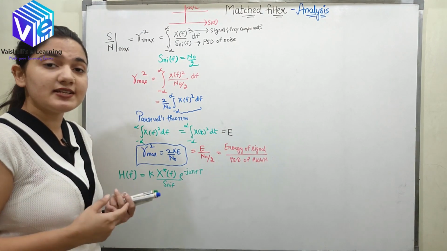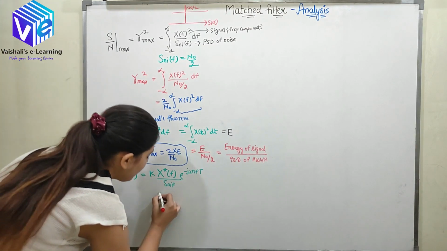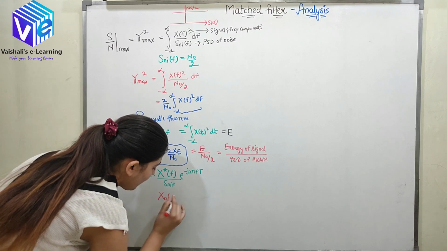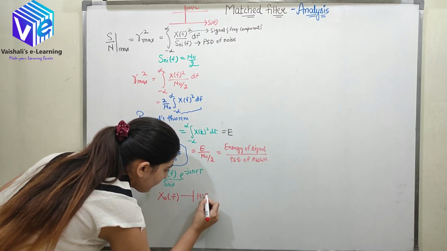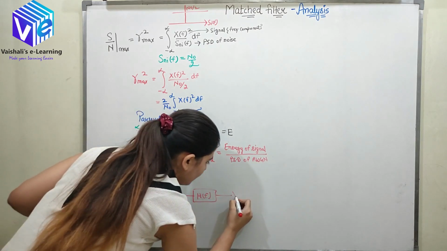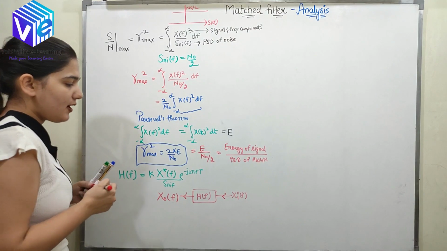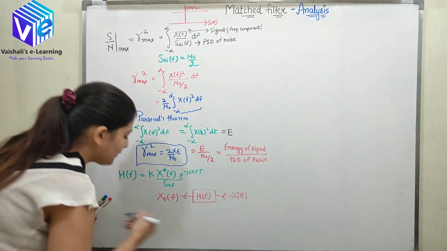So H(f) represents the transfer function in the frequency domain. Now if I need to find the output X_out(t) or X_out(f), it would be H(f) into X_in(f). So X_in(f) into H(f) would give me X_out(f).